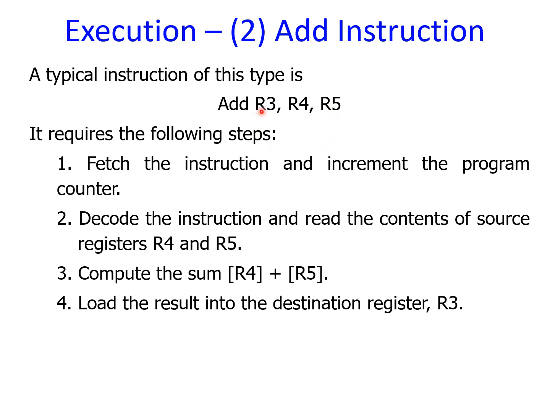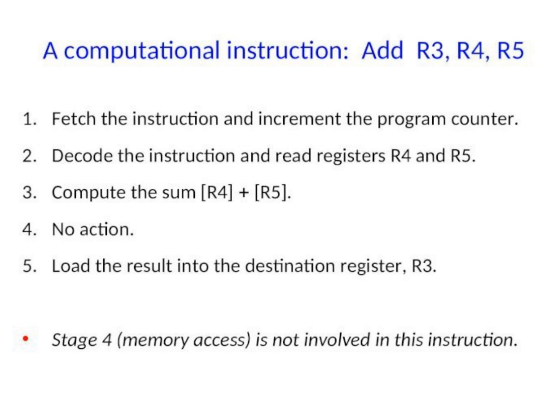Then the fourth step will be to save the result into the register R3. Here a memory read or write operation is not needed, so only 4 steps. If we want to represent it in 5 steps, the fourth step will be no action.